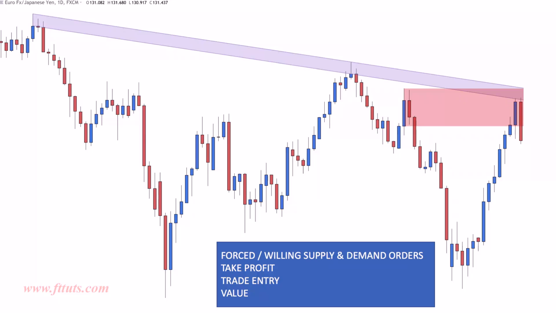So what we're looking at is traders who bought down here, going to take profit up here, so they need to sell to exit. That's forced supply. And new traders, who are trading off of this level, we have willing supply. And then we also have value traders like ourselves, which is obviously willing supply.